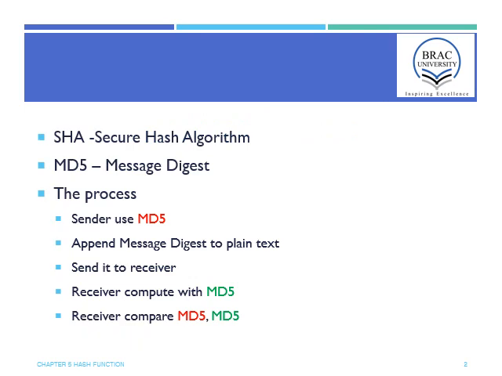So you have heard about MD5, that is message digest, and we also use SHA1, that is secure hash algorithm. Both of them do the same work, and we will just describe how MD5 actually works.